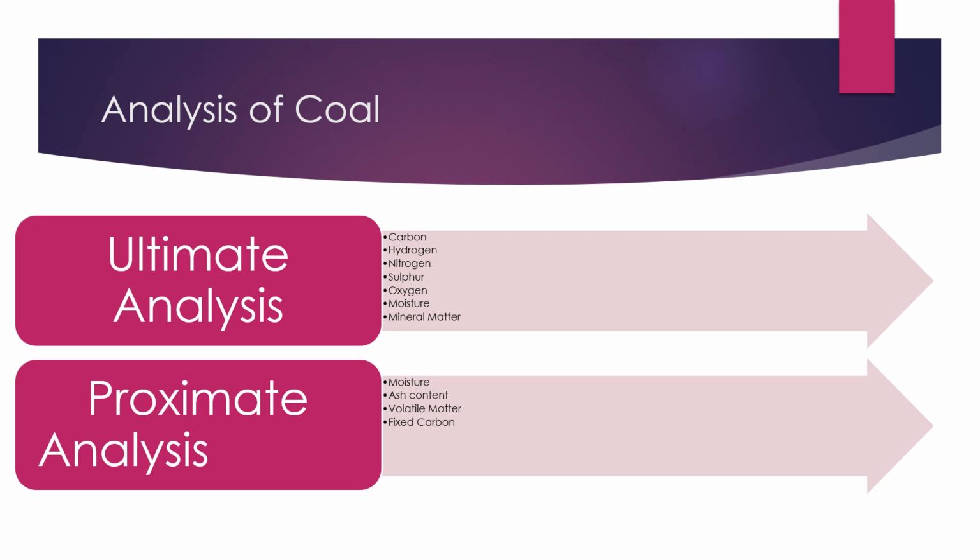Moreover, moisture and mineral matter content are also determined in the ultimate analysis of coal. In proximate analysis, moisture content, ash content, volatile matter, as well as fixed carbon content are measured.